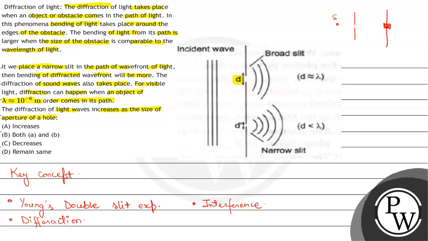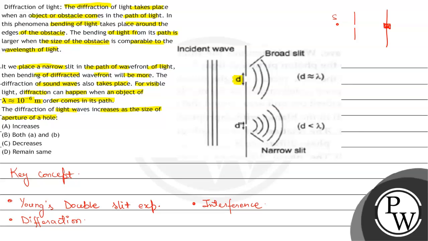Now what is interference? Interference is when two waves of light, due to the wave nature of light, interfere with each other to form destructive and constructive parts, called destructive interference and constructive interference.